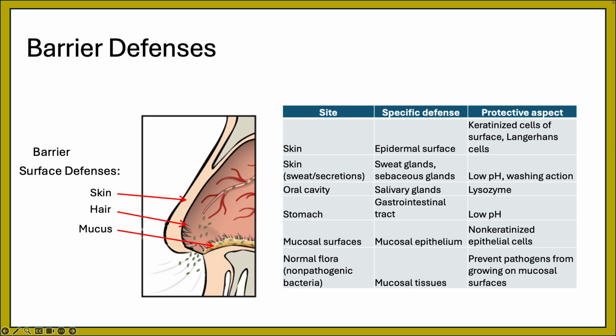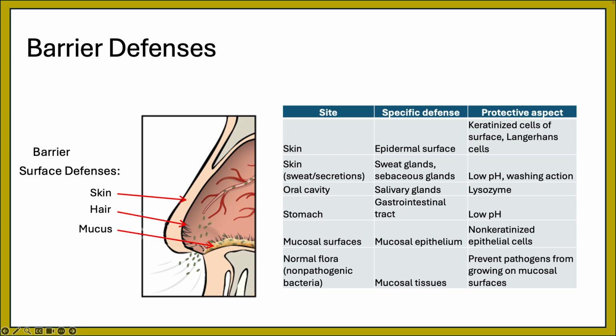And then you have different mucosal surfaces. These contain non-keratinized epithelial cells, but even though they're not keratinized, they still act as a barrier to further infiltration.